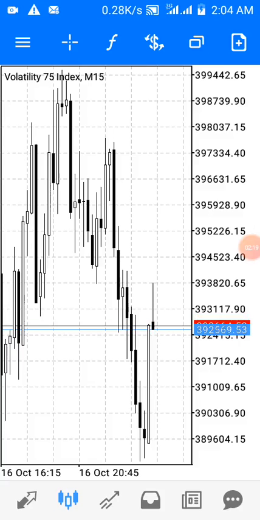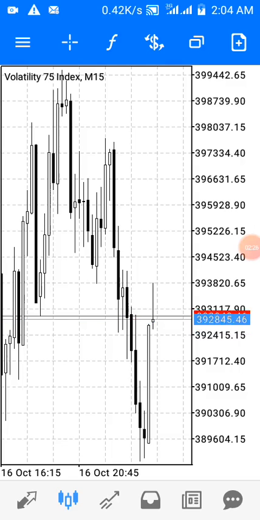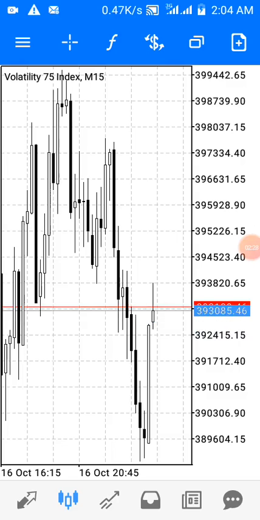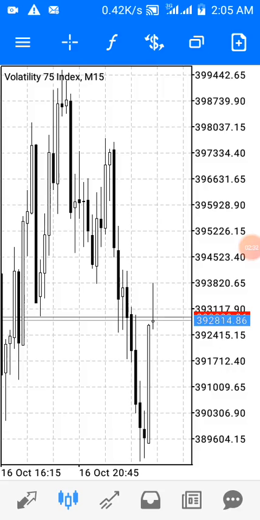So let me repeat what I've just said. If you are going to use this martingale hedge strategy to trade volatility 75 index, your minimum trading balance, I'm talking about your live account, your real account, should not be less than $300.